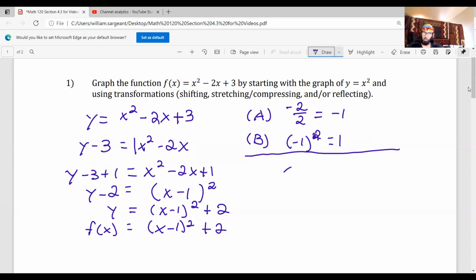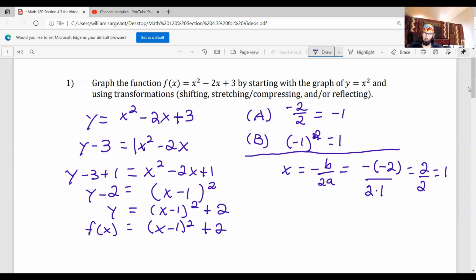If I use the formula x equals negative b over 2a, that is going to give us the x-coordinate of the vertex. So I'm looking back at the original here. Those two negatives cancel out. That reduces to 1. And notice how we have that 1 inside, although there's subtraction.